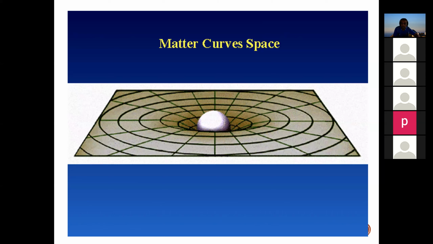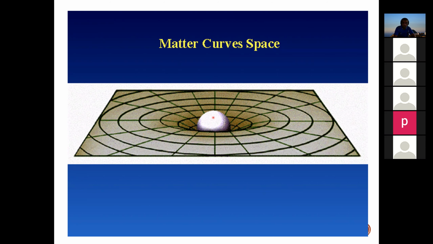And after that, I will briefly explain some of the phenomena that happen as a result of this general theory of relativity. So let me explain it in this way. In this diagram right here, you can see that there is an object right at the center.